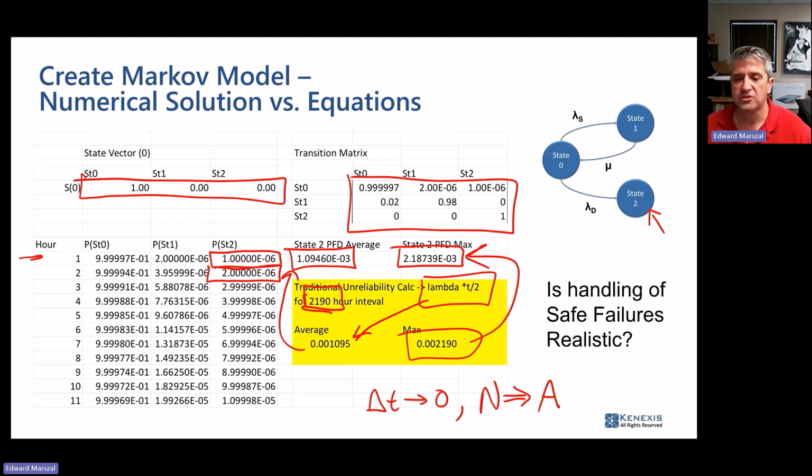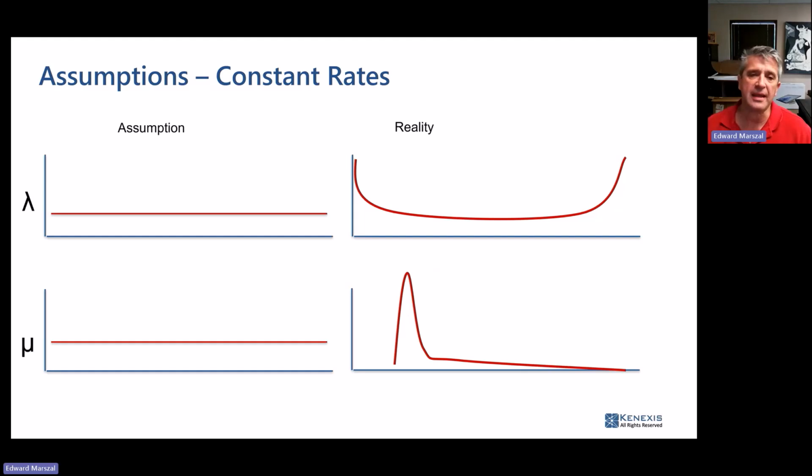All right. So, wow, it seems like much ado about nothing. Well, let me make things a little bit more complex for you and tell you about some of the assumptions that you're making that aren't actually true. The first one of these is the assumption related to the failure rate.